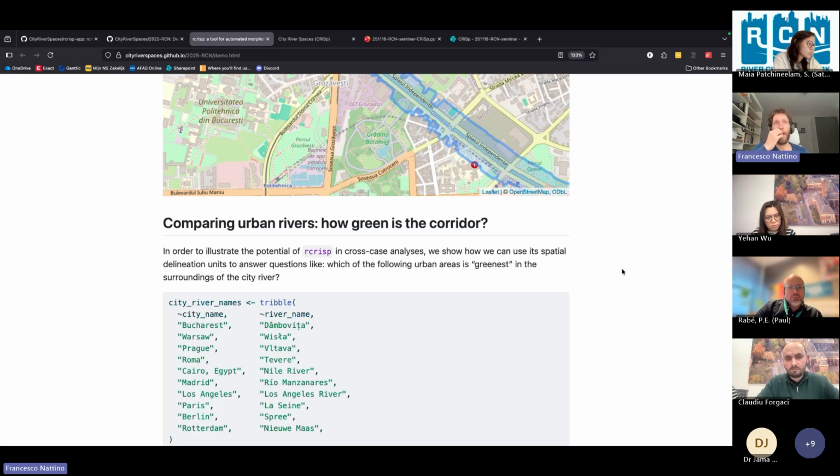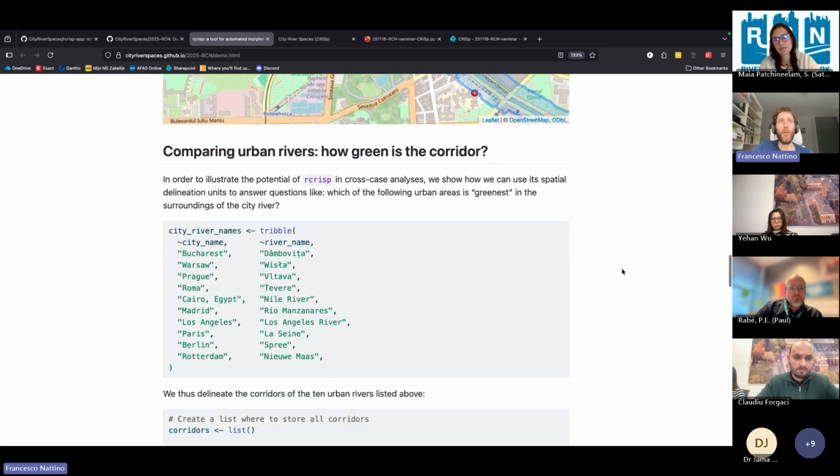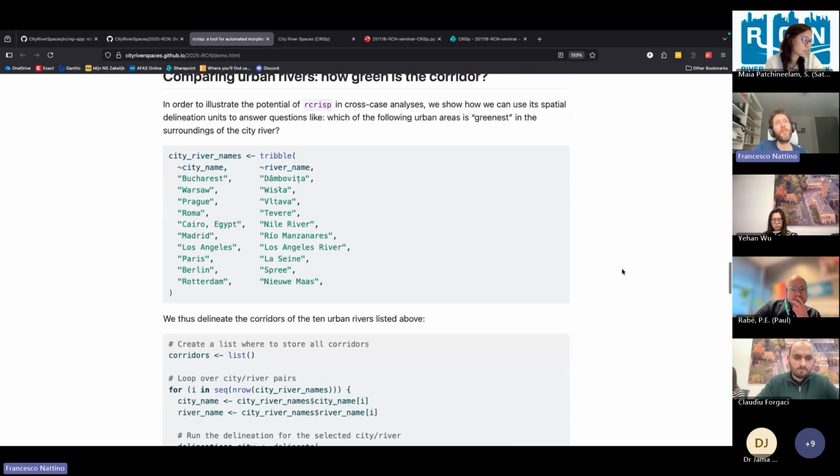So I will show you how one can build a cross-scale analysis similar to the one that Yehan or Claudiu described, where one can quantify the percentage of green area in the surrounding of the river. So what we do here is that we define a table of city river pairs that will constitute the cities over which we run the analysis.